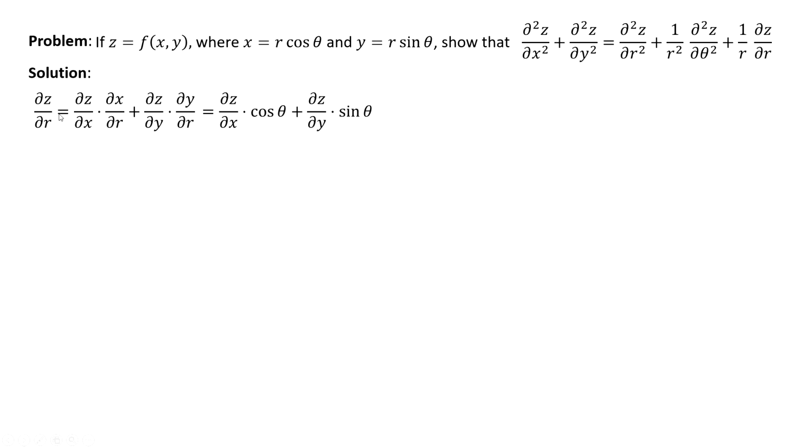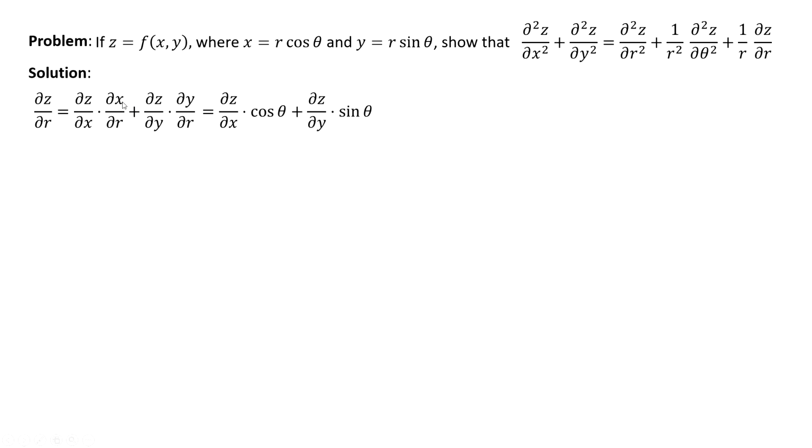Notice what I'm finding: partial z with respect to r. My eventual objective is to find the second partial of z with respect to r and also the second partial of z with respect to theta. Okay, let's get on with this. So partial z with respect to x.